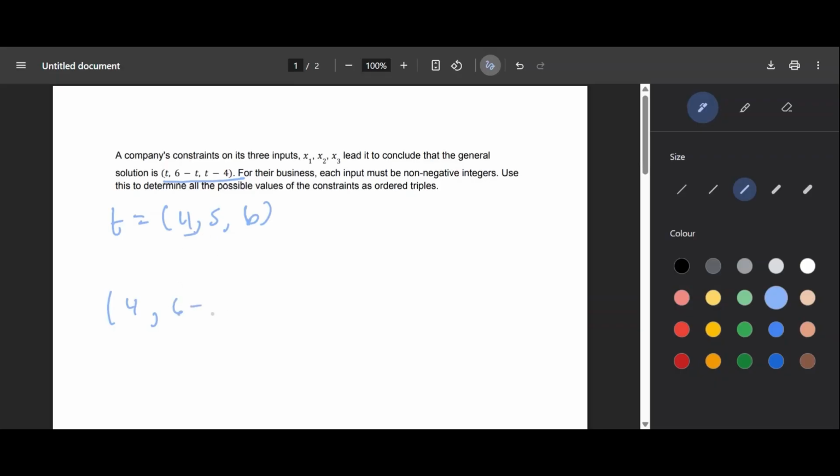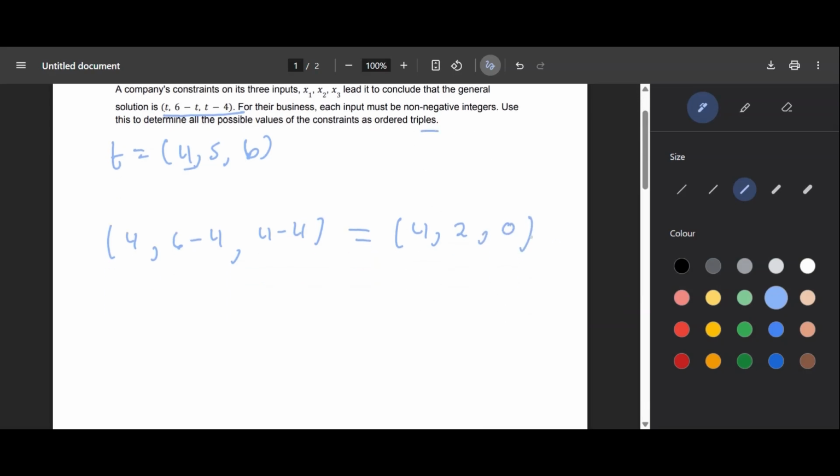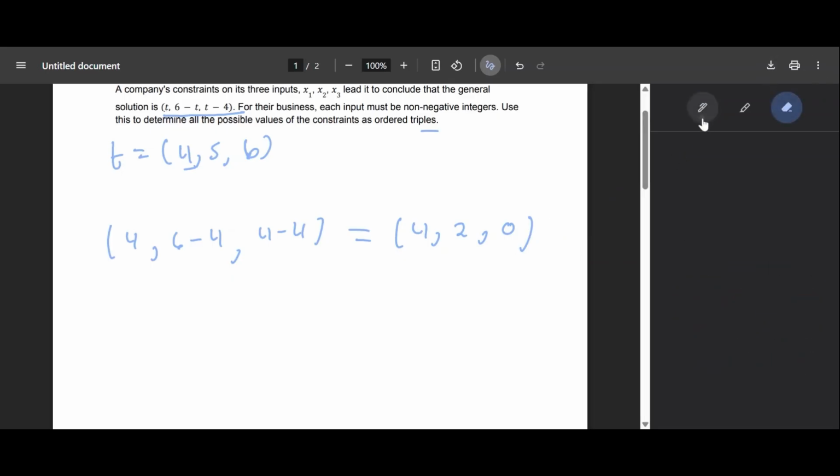Right now we're saying 4 is t, so 6 minus 4. And then t minus 4, we're saying that t is 4, so I have 4 minus 4. All right, and then this will evaluate out to 4. 6 minus 4 is 2, and then 4 minus 4 is 0. Okay, so this is our first of the triplets. So that's one good value for t. That's totally within our range.